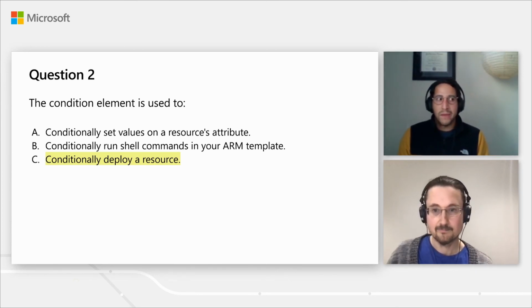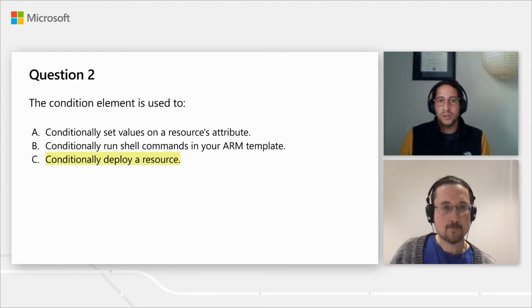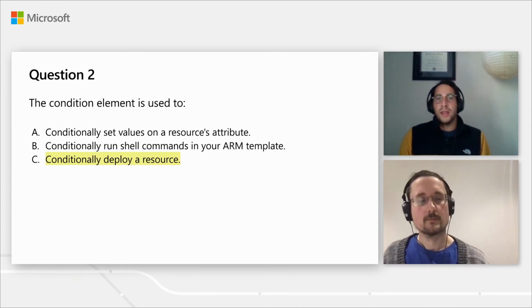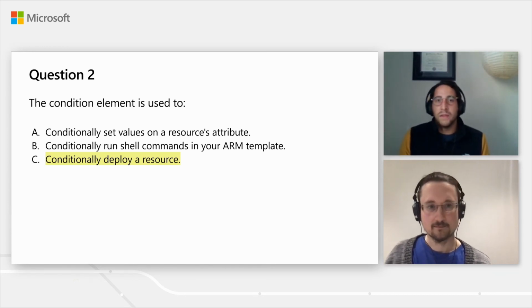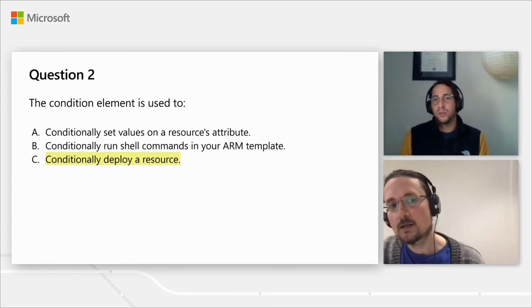And you can evaluate expressions. So rather than just passing in true or false to deploy that resource, you can actually use the equals function to say, if this specific custom value gets passed in, evaluate that equals to true, and in turn evaluating the condition to true.